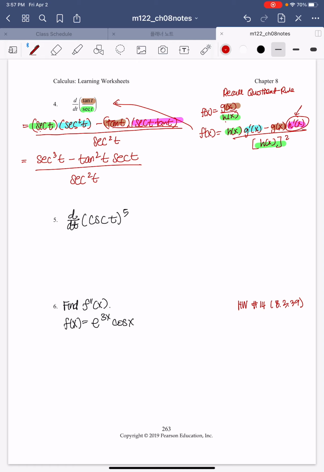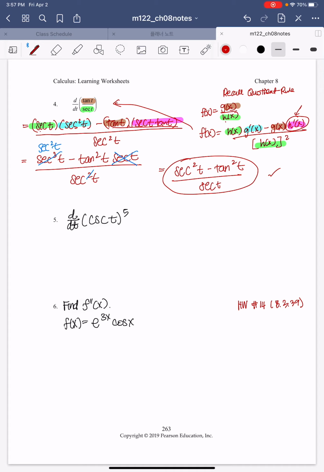I can simplify one of the secants because both terms have a secant. If I cancel one of them, the first becomes secant squared t, and the second one is eliminated. So my final answer ends up being secant squared t minus tangent squared t, all over secant t.